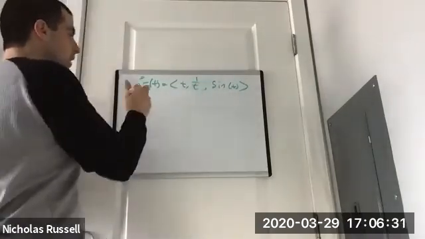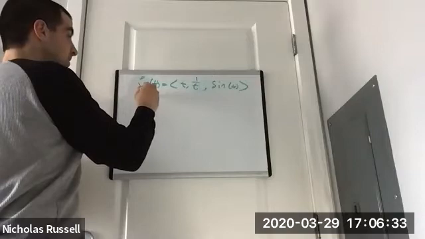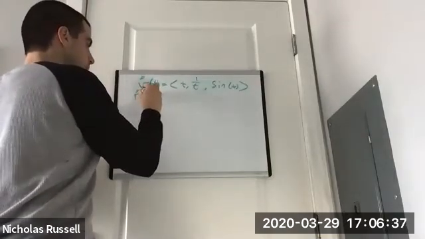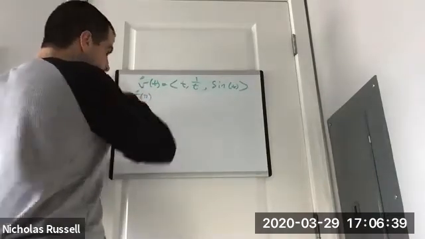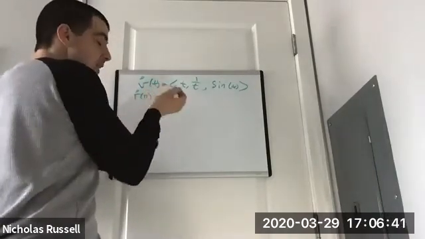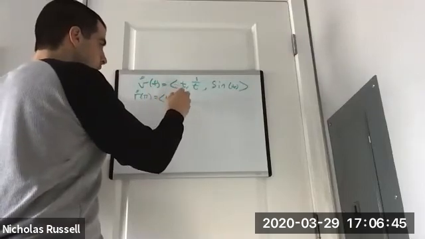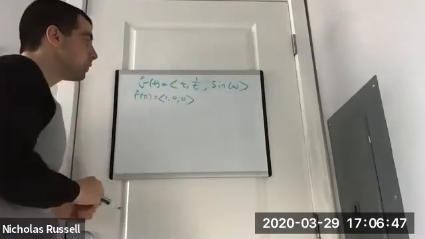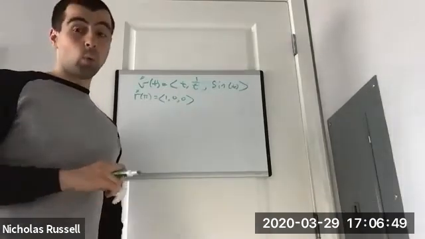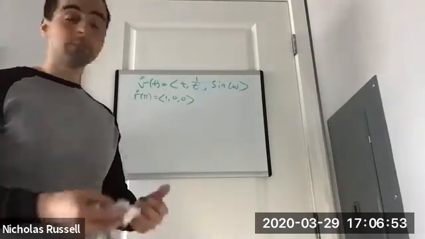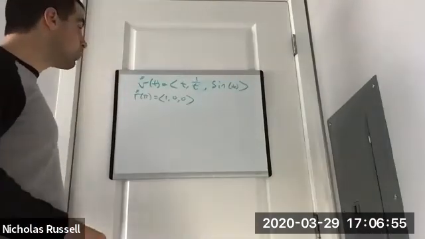And I told you that the initial position at pi is equal to 1, 0, 0, something like that. And I wanted to know, what's the original position? Right? What's the position vector? How does that move?